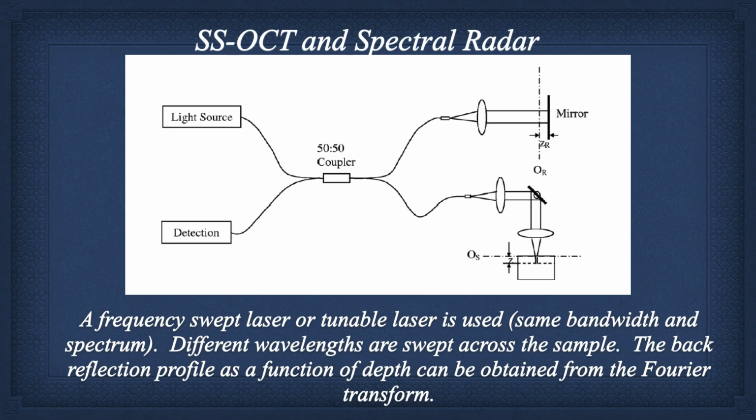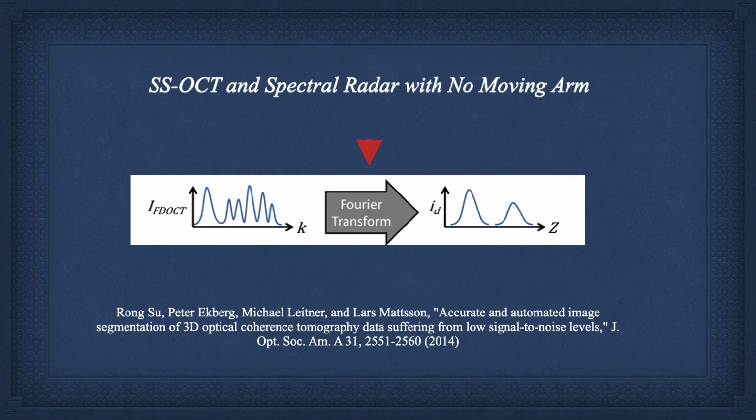There's no moving mirror on either side, so we don't have to worry about speed that way. So this is very fast. The left shows not two peaks, but a distribution of the intensity of various frequencies. Then a fast Fourier transform is performed, and you get the two peaks.